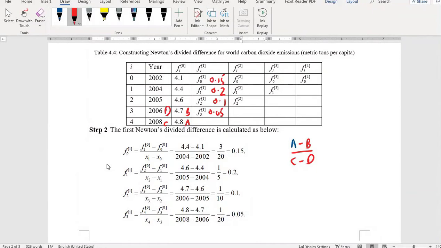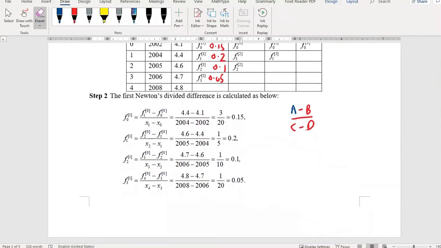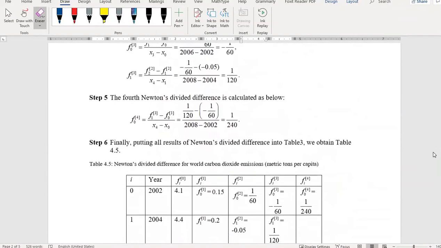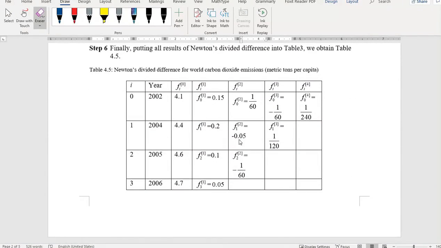Now to calculate the second level. As we said, the second level depends on the first level. Let us see the manual calculation.